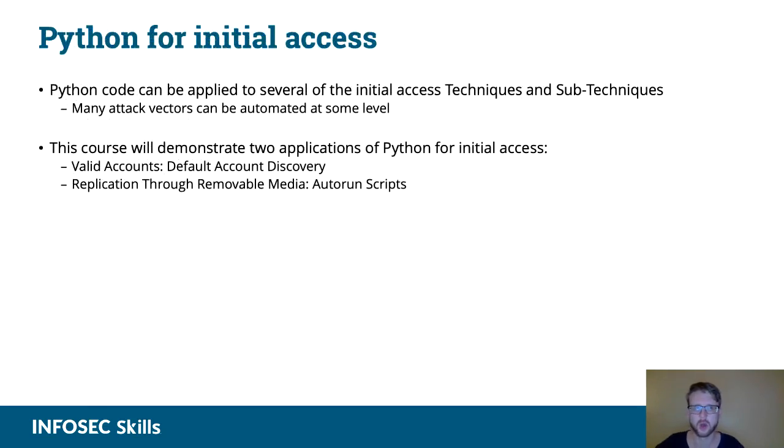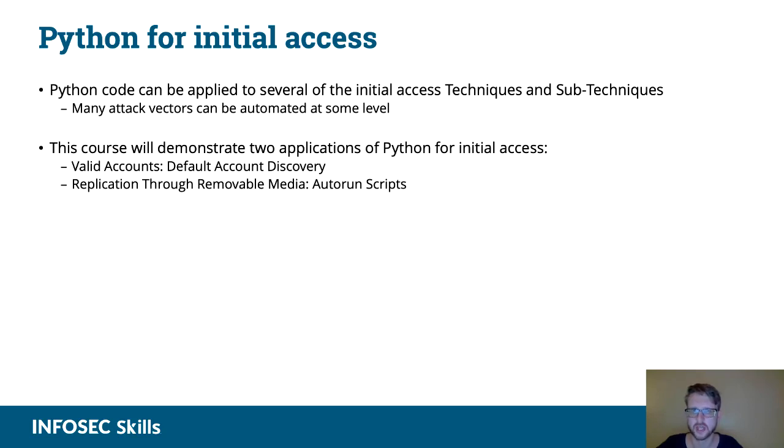And so Python code can be applied to several of the different techniques that fall under the initial access tactic. And many of these attack vectors can be automated at some level, including with Python code. In this course, we're going to be demonstrating two applications of Python for initial access.